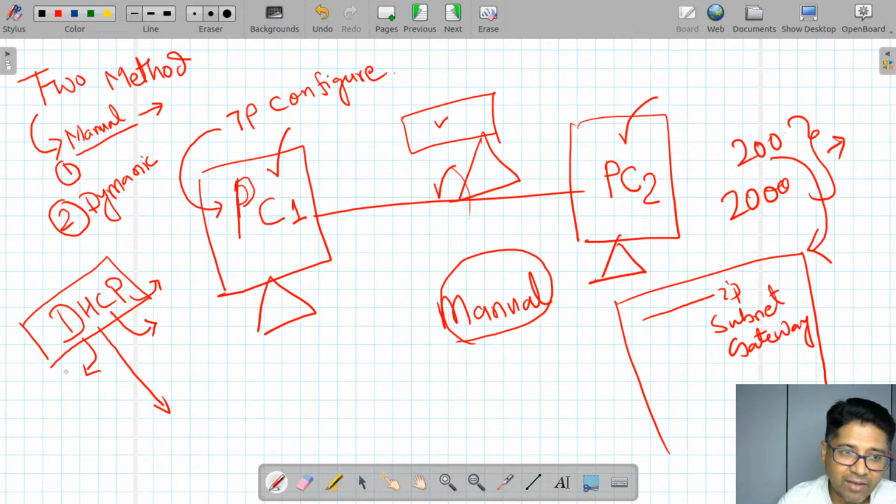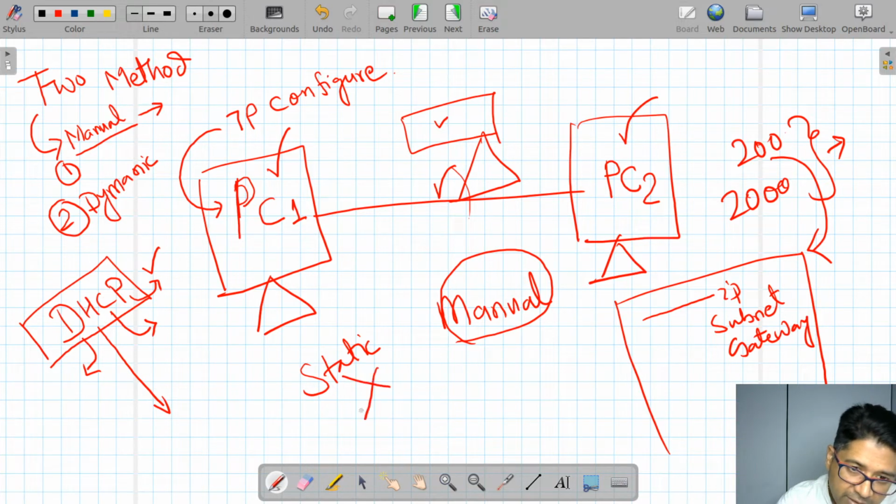We have three labs. One lab for DHCP, one lab for static, and one lab with neither static nor DHCP. Have you thought about that? Suppose you have not configured manually, and of course there is no DHCP. Then who will configure that?